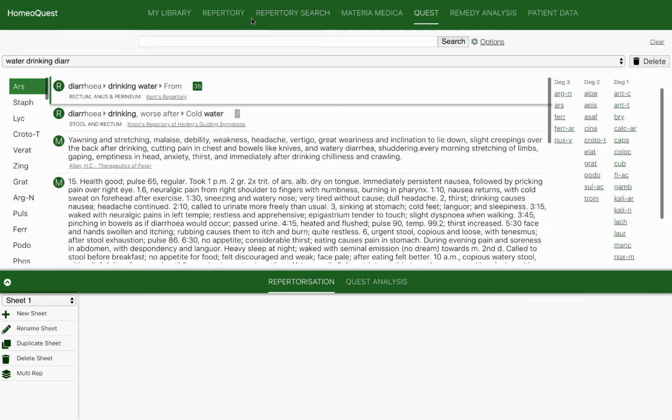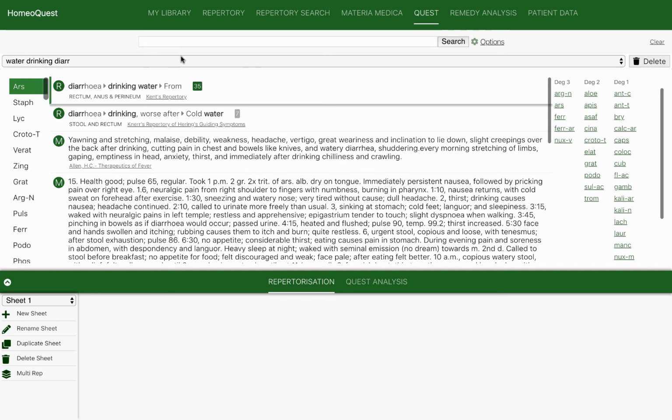And Quest is wonderful because it gathers that important information, which is water drinking, and he had diarrhea, right? So just 3 words there, and it will go and find the top remedies for you from your entire database, Materia Medica and your repertories, and sort it out for you.